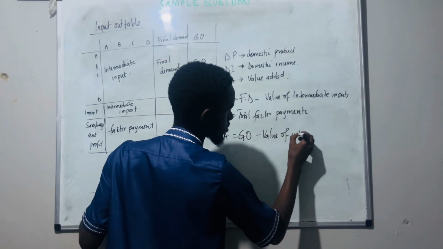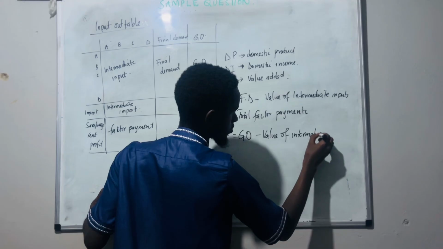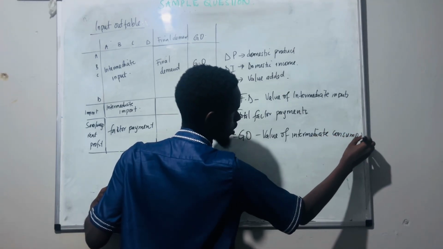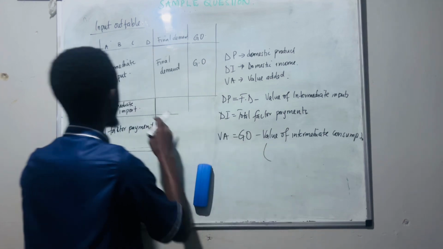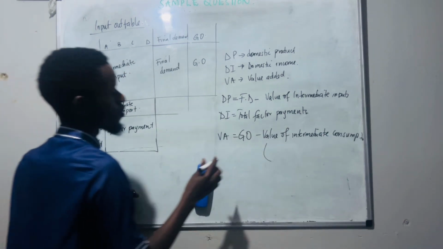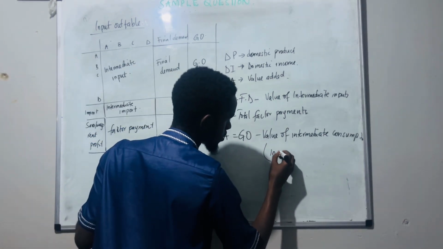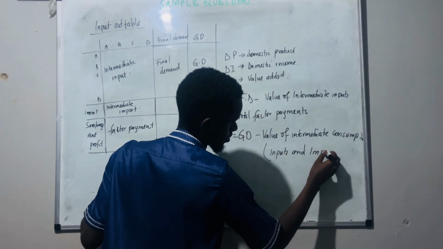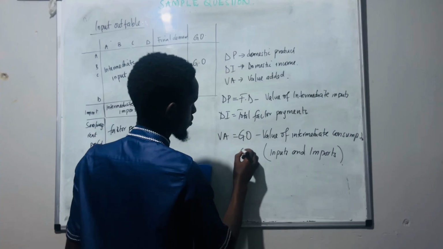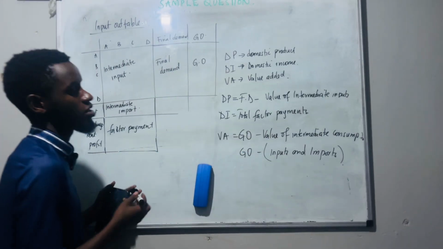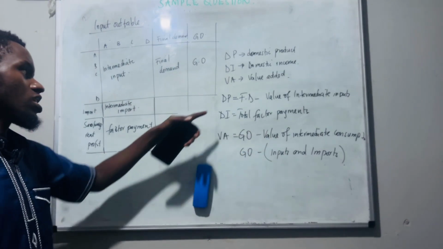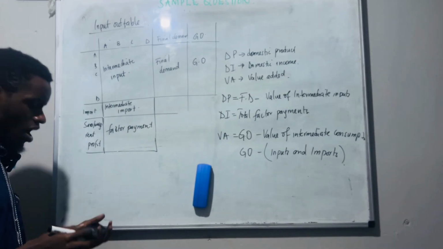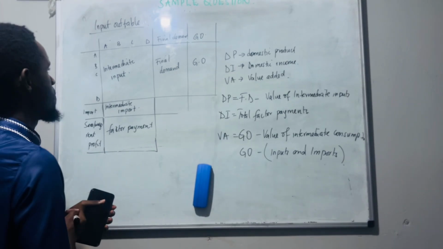But the value of intermediate consumption is composed of two things: intermediate inputs and intermediate imports. Just like that, gross output minus the value of intermediate inputs and intermediate imports. We know that DP, DI and value added are all the same. But today, according to our question, we won't be going into this.